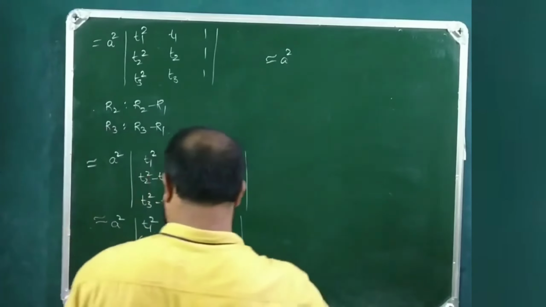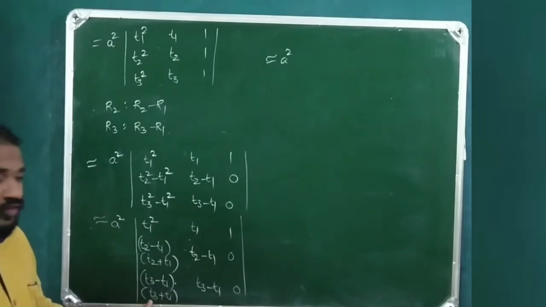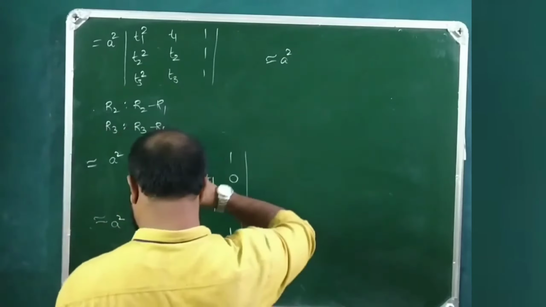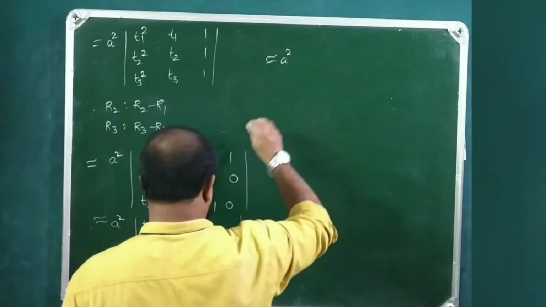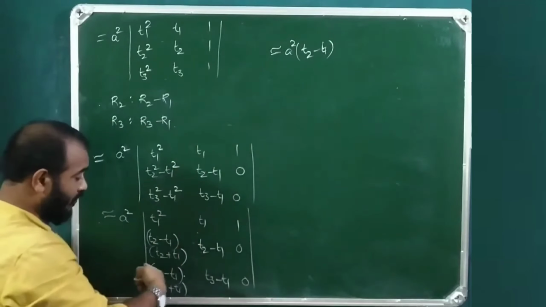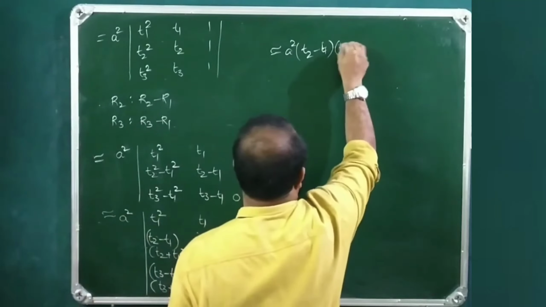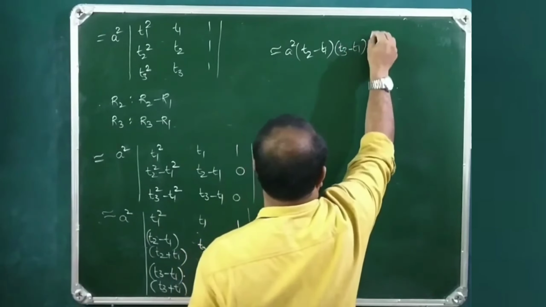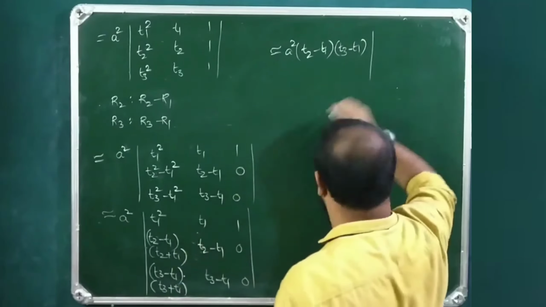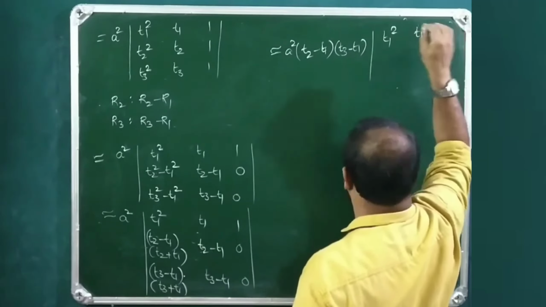So A square. In the same way here also T3 minus T1 can be taken common. So here A square into T2 minus T1 will be taken common from the second row, and T3 minus T1 in the third row. So that is T1 square, T1, 1.